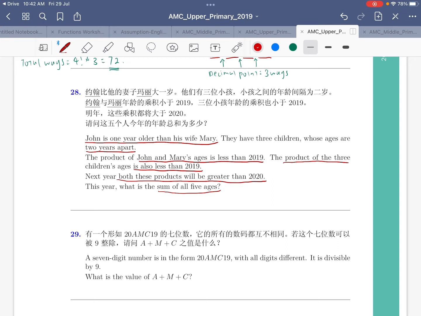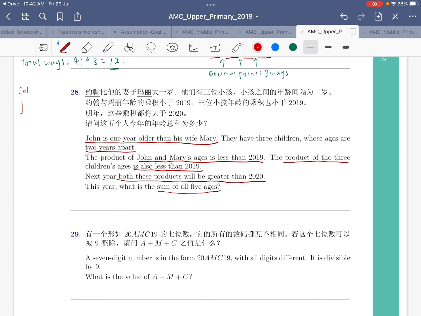So remember from our perfect squares and perfect cubes lessons, we are going to apply our square root function to try and estimate the appropriate age for John and the appropriate age for his wife Mary. So let's take a look at the square root of 2019.